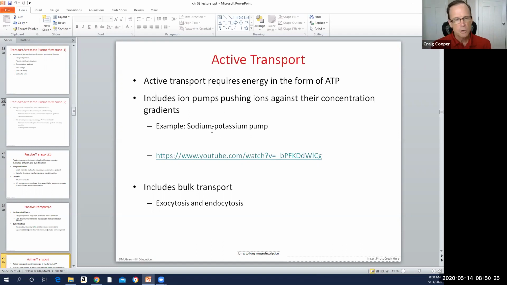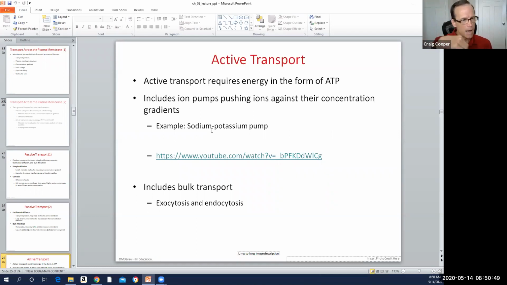And it's a 3-to-2 ratio. When we activate that sodium potassium pump, it's going to pump 3 sodiums from the inside of the cell and push them back out. Even though there's a lot of sodium already outside the cell, we still want to get those things out there. The potassium that's outside the cell, we're going to let 2 of those back in.